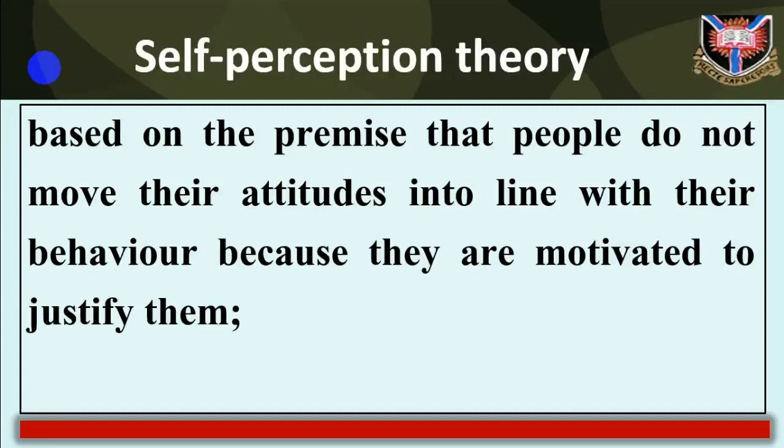Self-perception theory. This theory originated as an alternative explanation for the results obtained in dissonance experiments. It is based on the premise that people do not move their attitudes into line with their behavior because they are motivated to justify them.